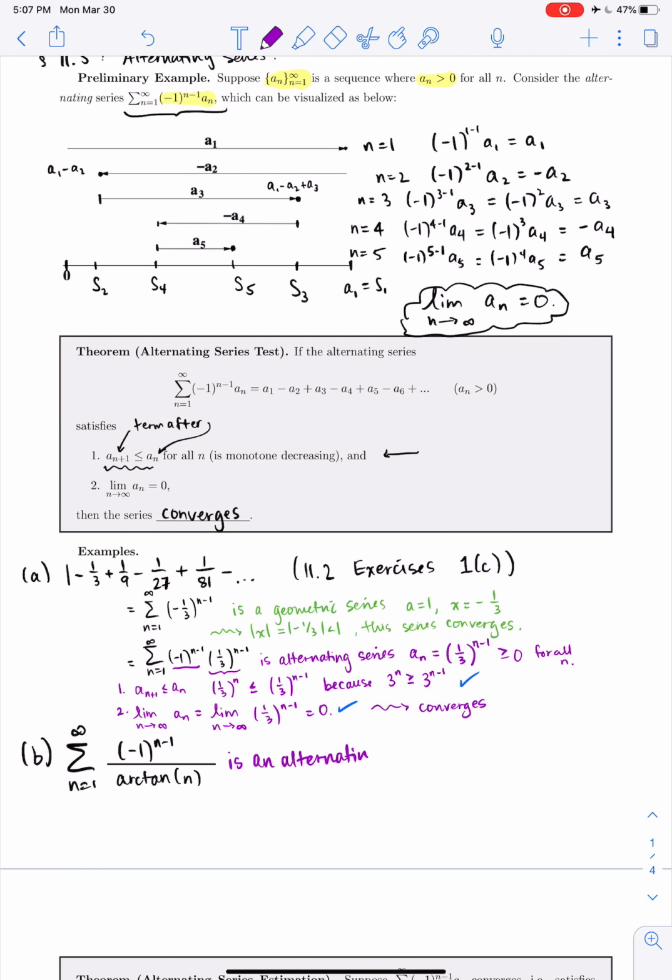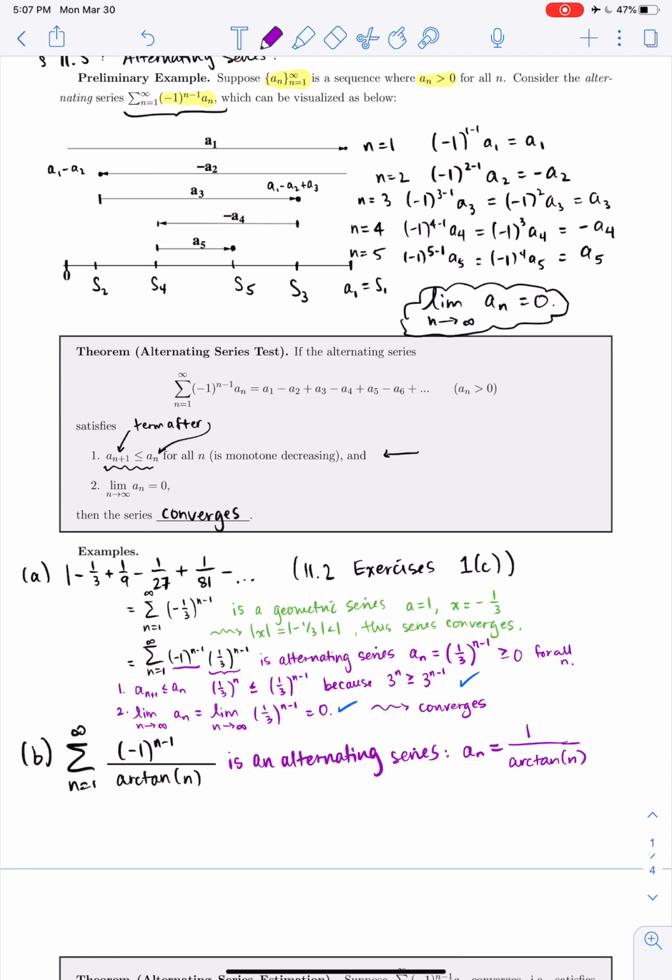And again, if you claim something is an alternating series, you better explain why. The reason is the terms that do not include the negative 1 to the n minus 1 are of the form 1 over arctan of n.